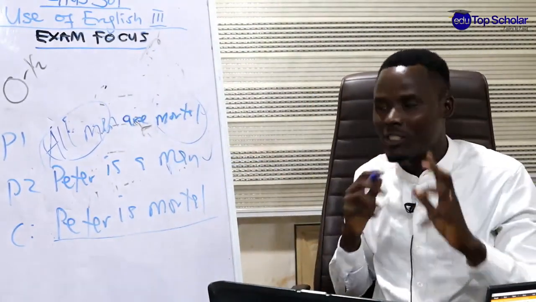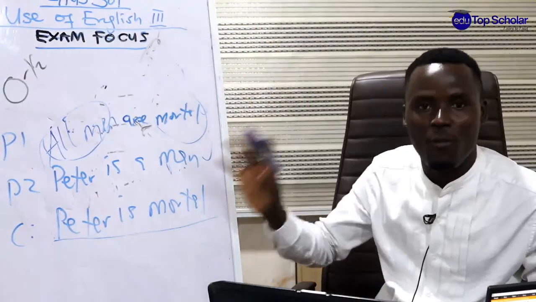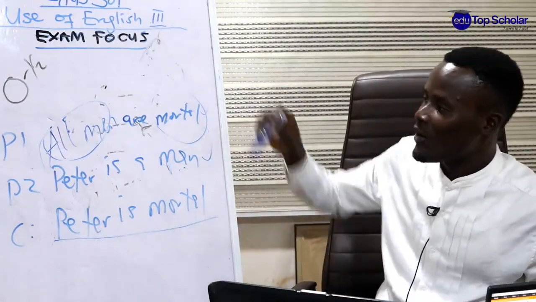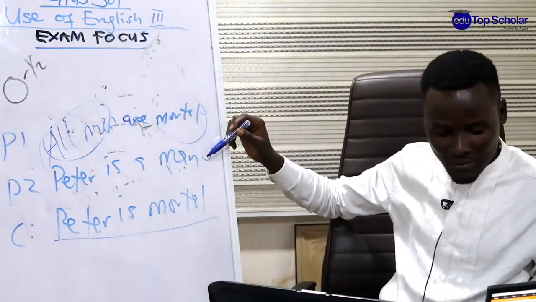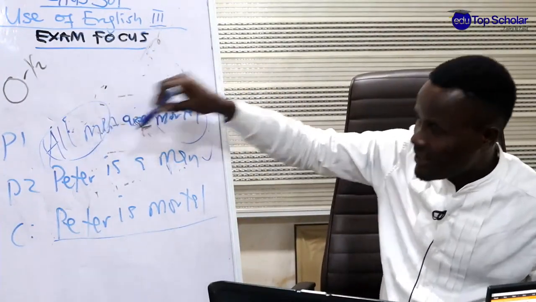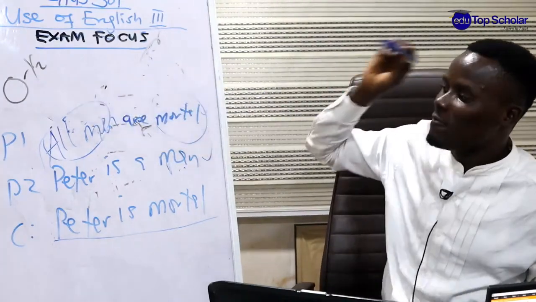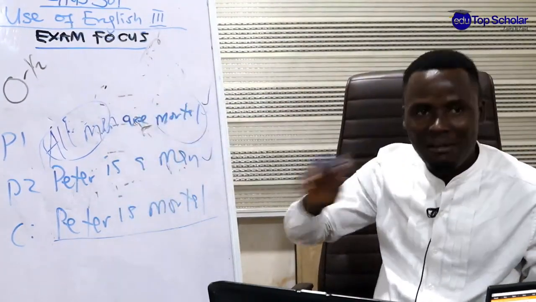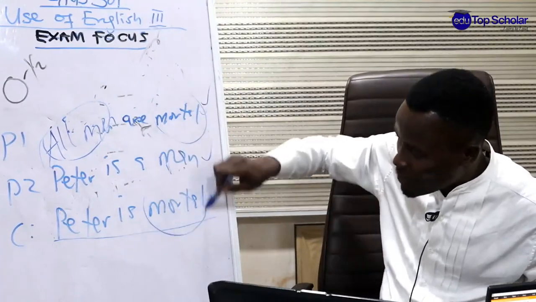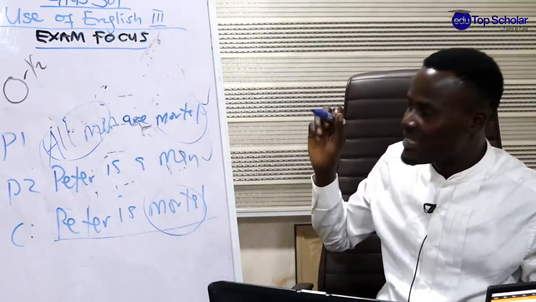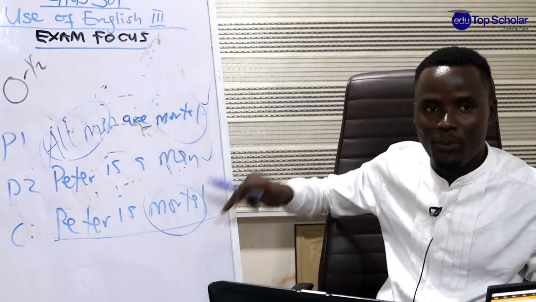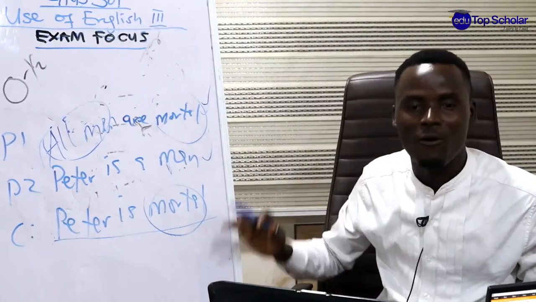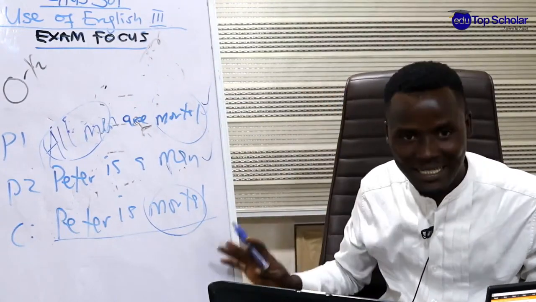In logic, we call it the basic standard form of an argument. All men are mortal. Peter is part of the men. So if all men are mortal and Peter is a man, therefore Peter must also be mortal. In this argument, the premises support the conclusion. Therefore, the argument is valid.